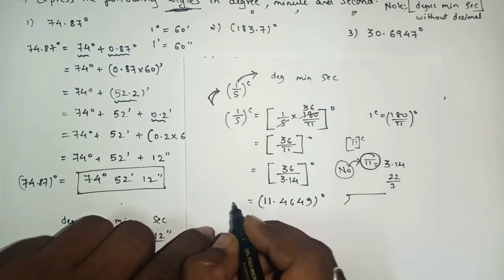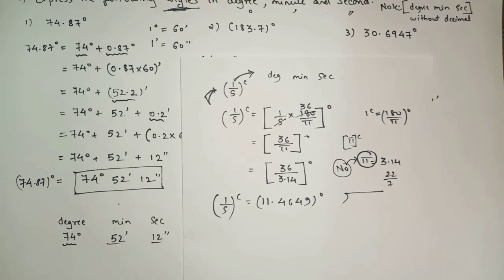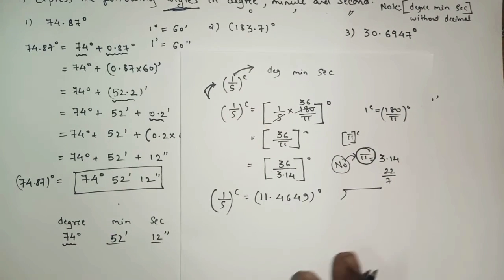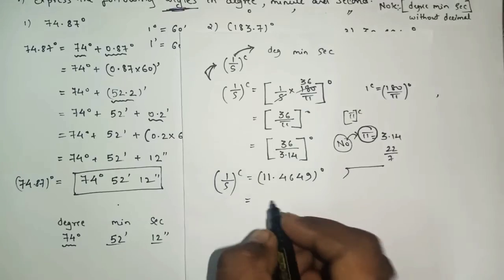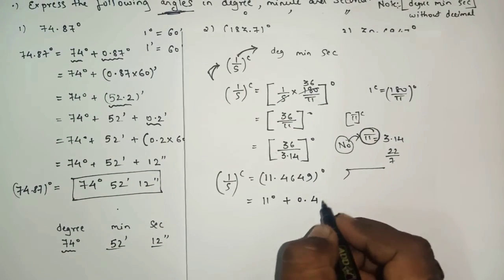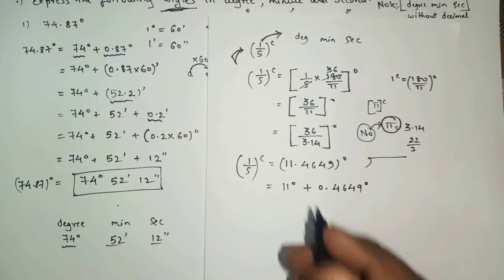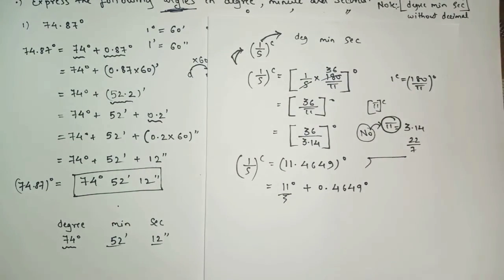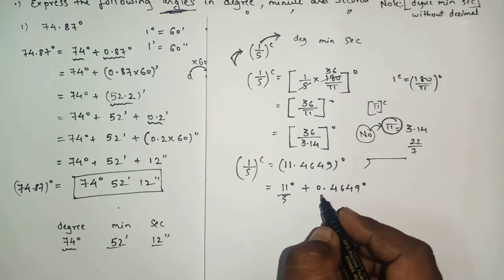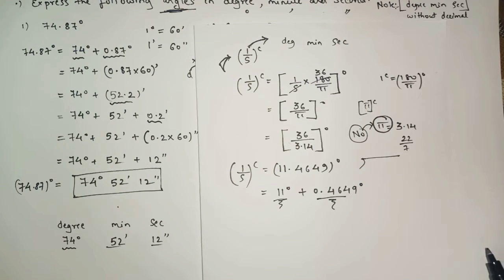degree. So now we have converted this radian into degree. After this you will start your process. 11 degree plus 0.4649 degree, yes or no? As this part is perfect without decimal, for the other part you will multiply by 60, so that degree will get converted into minute.